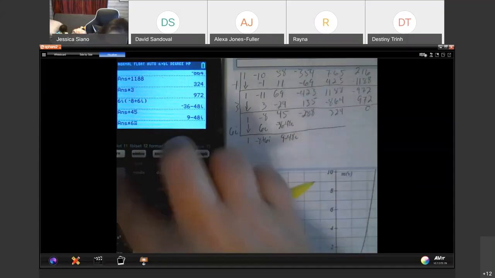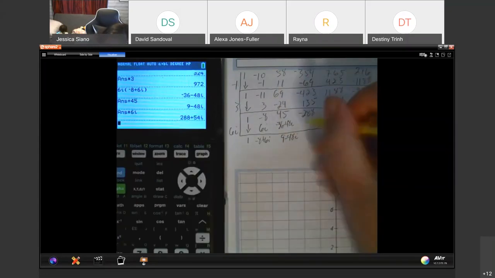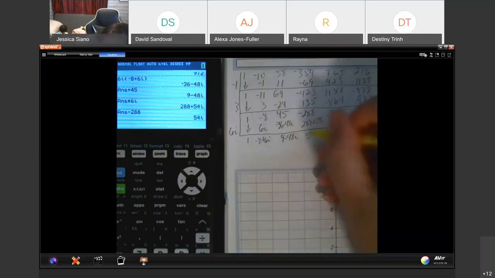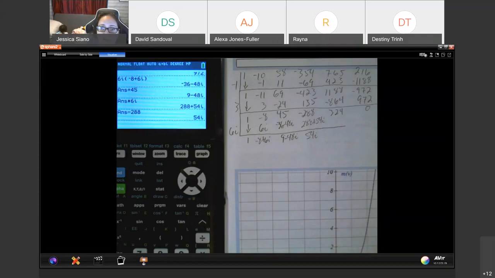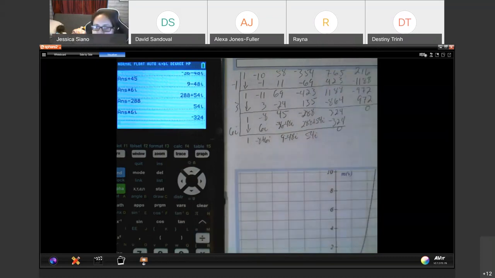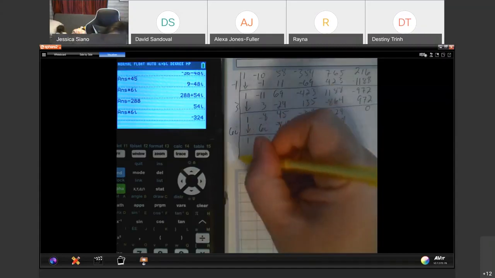Multiply that by 6i. 288 plus 54i plus a negative 288 would bring me to just 54i times 6i, negative 324. And then last but not least, I have a negative 6i.